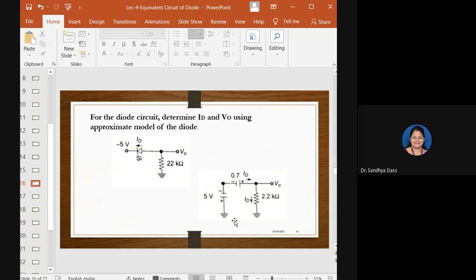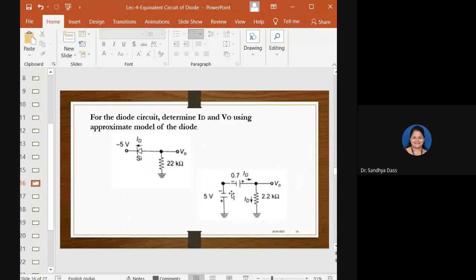Okay, for the diode circuit, determine ID and V naught using the approximate model of the diode. So can you apply KVL to this loop and tell me what would be ID? Please solve that. You can go in this direction, as the arrow is indicated there.